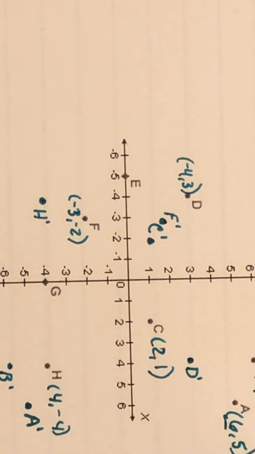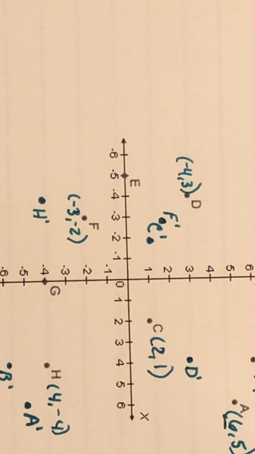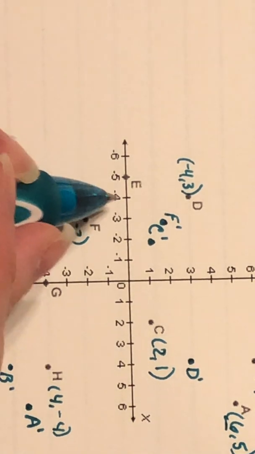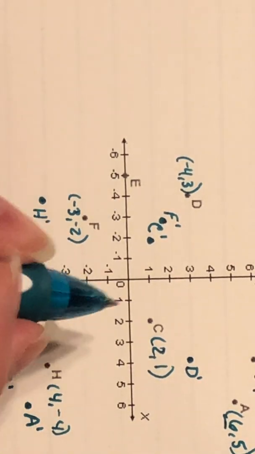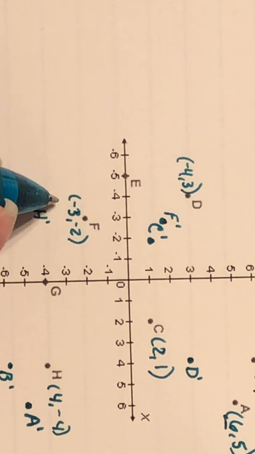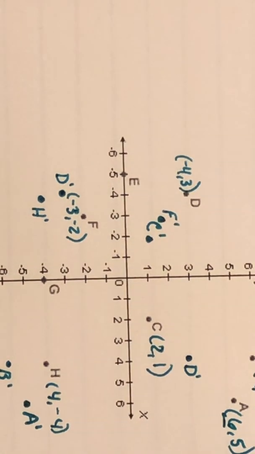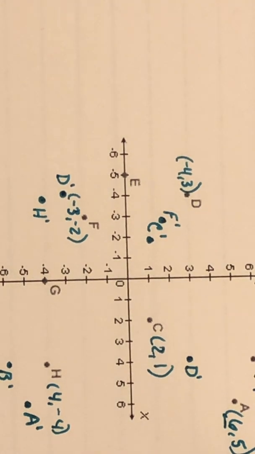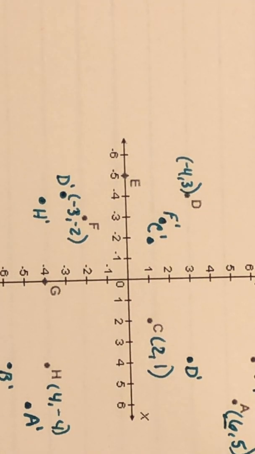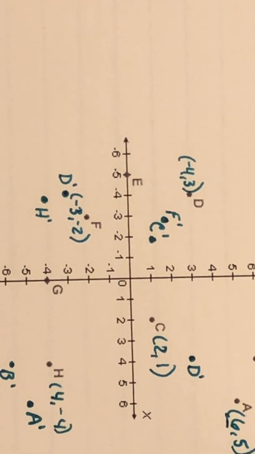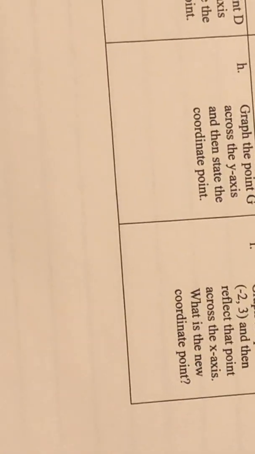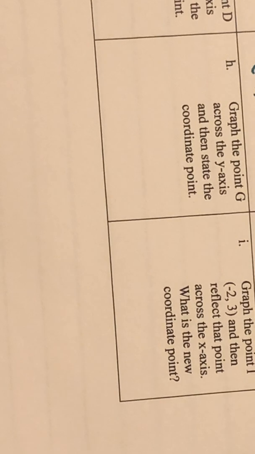My y value changes. So I get (-4, -3). So that's D prime. Okay. There's my point.